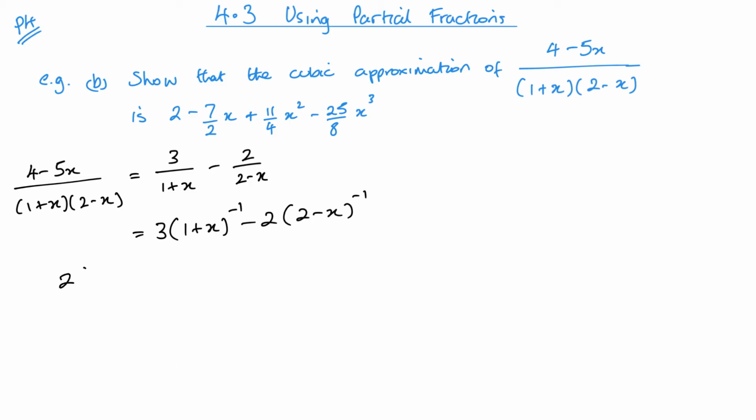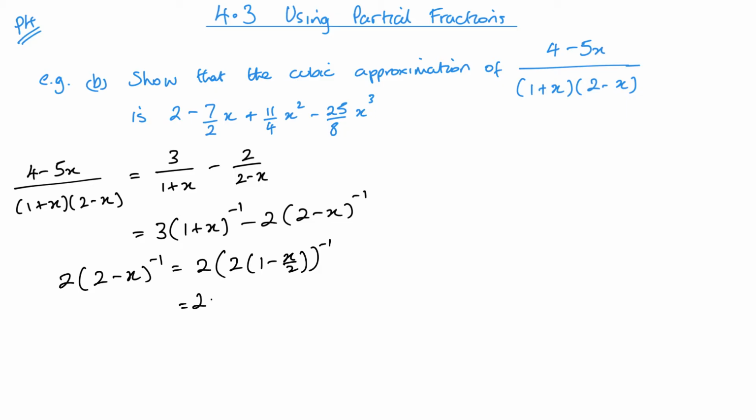Next we want to look at our (2 minus x) to the minus 1 expansion. Okay, so first let's factorize out the 2. And then that will be 1 minus a half x, and obviously this is all to the minus 1.